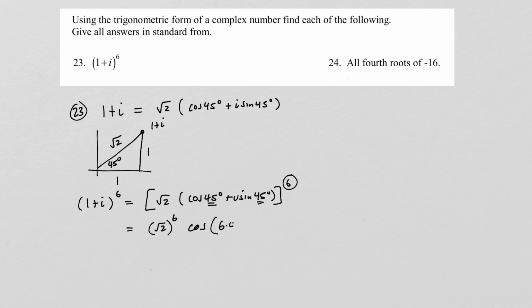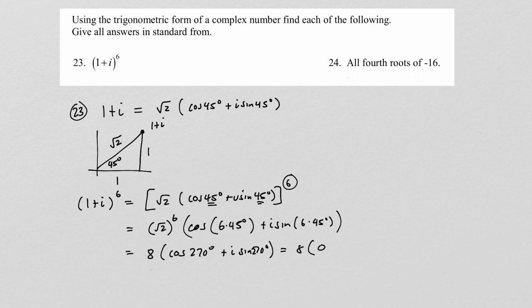So it's going to be cosine of 6 times 45 degrees plus i sine of 6 times 45 degrees. Radical 2 to the 6th power is 8. And then 6 times 45 degrees is 270. And again, we know the cosine of 270 is 0, and the sine of 270 is -1. And so when you multiply this out, you should end up with -8i.